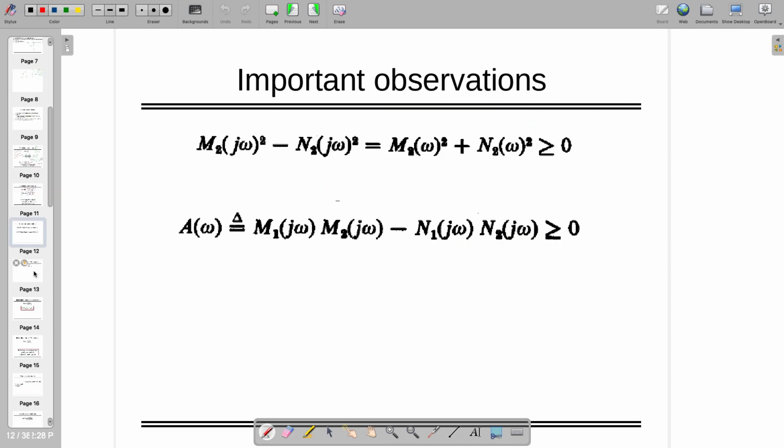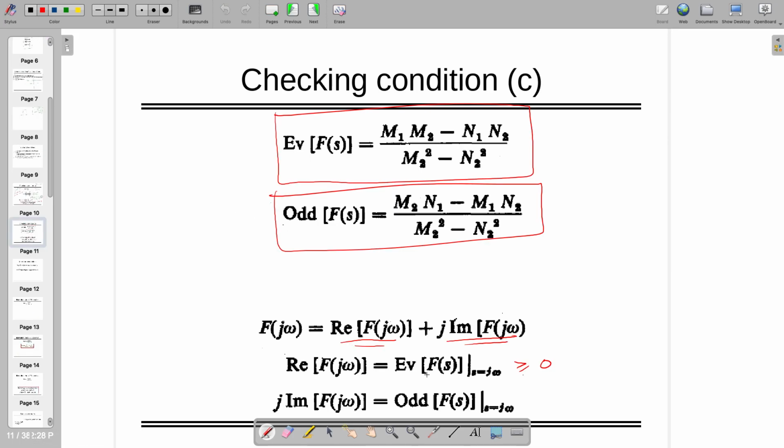Okay. So I can say that this has to be 0. So for that, this part will be multiplied here. So it's sufficient to say that m1 m2 minus n1 n2, if that is greater than or equal to 0, the whole function is greater than or equal to 0, right?